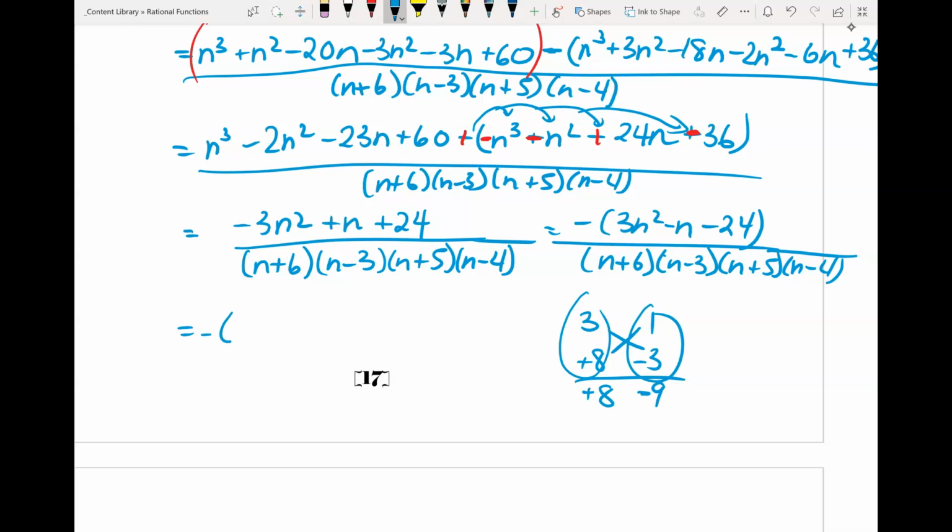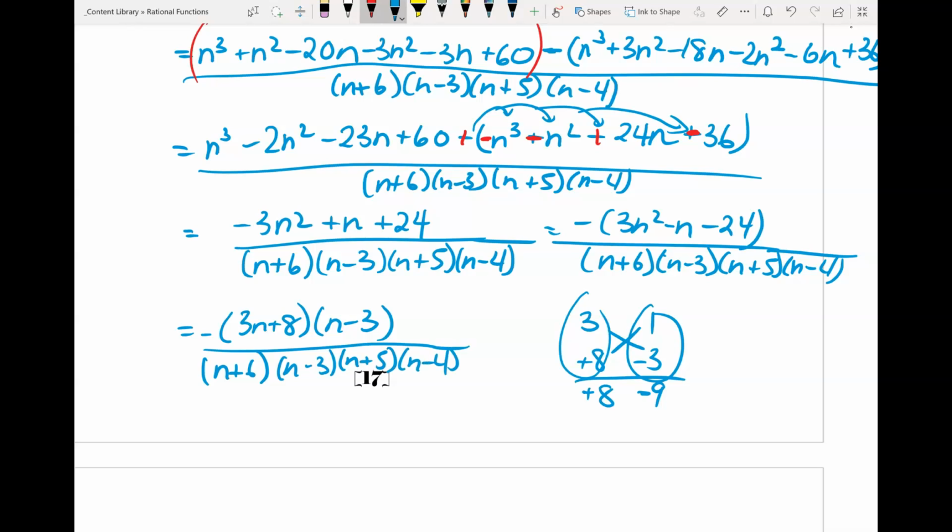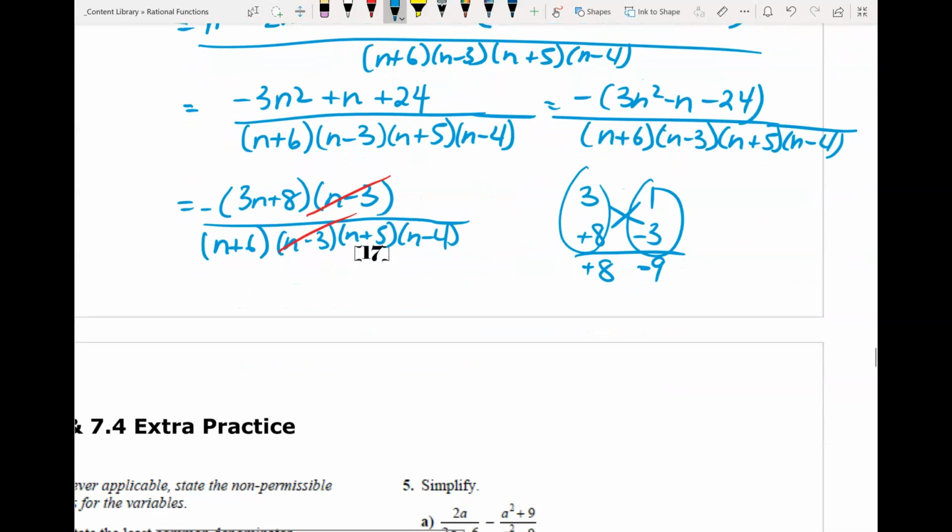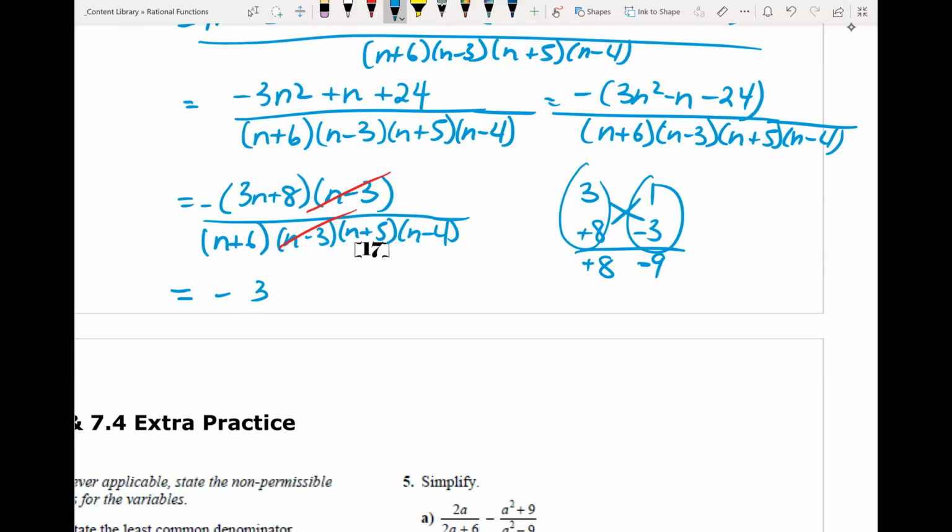So it looks like we can factor this if we had a 3n plus 8 and an n minus 3. If you want to use a different method to factor that, that's totally fine. And we would now remove this n minus 3. So this is our final answer.